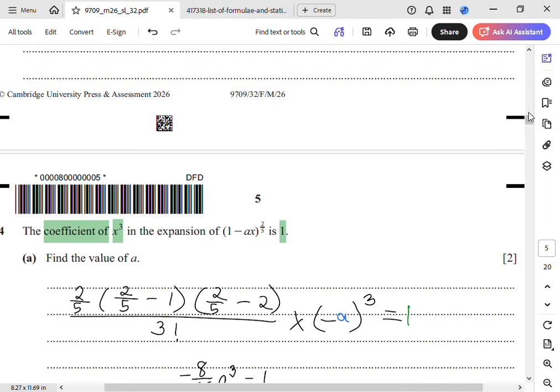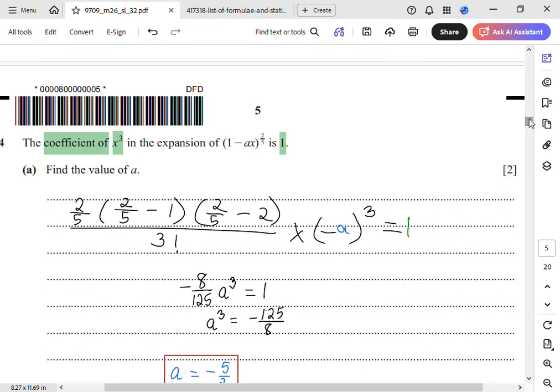So now when you simplify this with your calculator, you get minus 8 by 125, and this minus 8, sorry, this will give just 8 by 125, and you have a minus a cubed. So that simplifies to just minus 8 by 125 a cubed. That's equal to 1. So if you make a cube the subject, now you have minus 125 by 8. So a would be equal to minus 5 by 2.